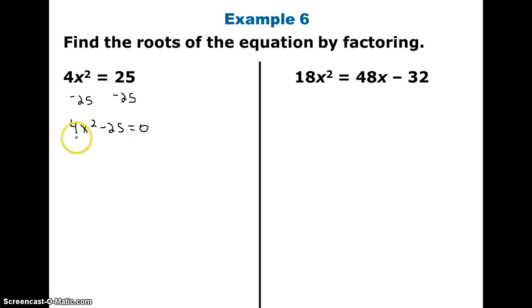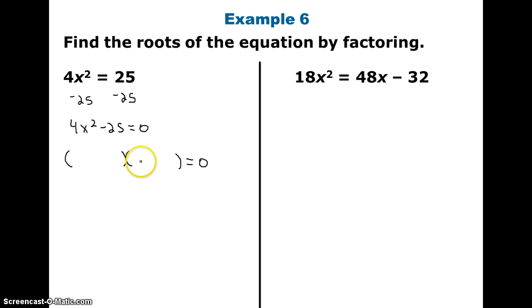Then you look at this expression, and it is a polynomial. You can say it's a binomial, and you want to factor. In one of my previous videos, I showed you guys that sometimes we do have a difference of two squares. So notice 4 is a perfect square number, 25 is a perfect square number, and we have a minus in the middle. So you are able to factor this by using the difference of two squares. So to factor, you just have two parentheses here equal to 0.